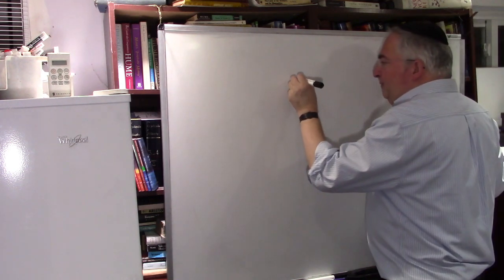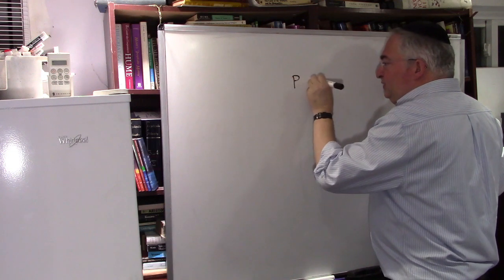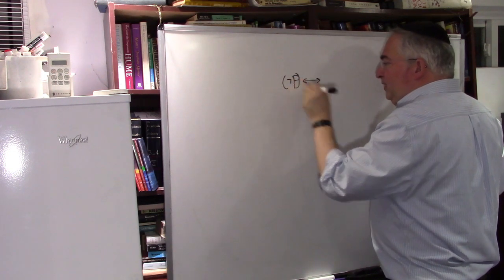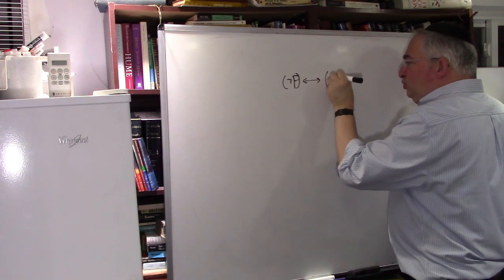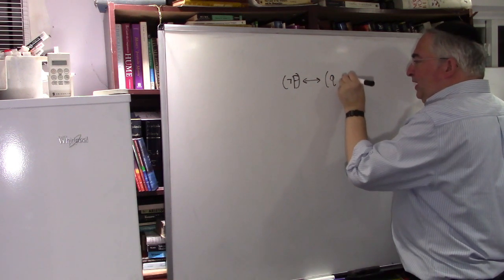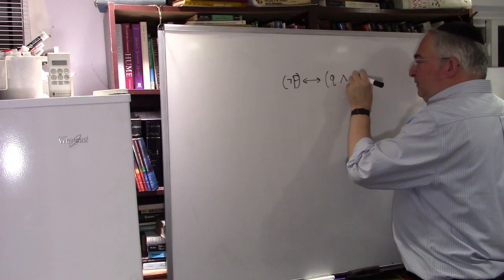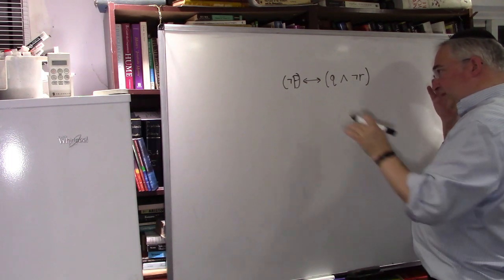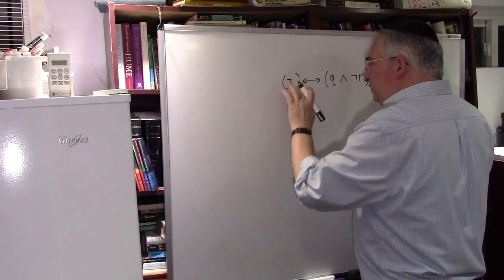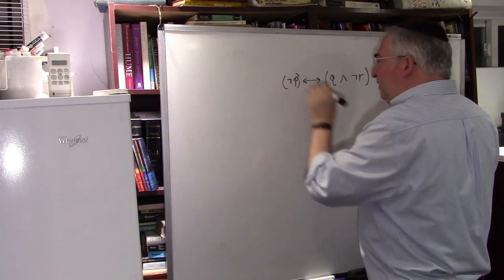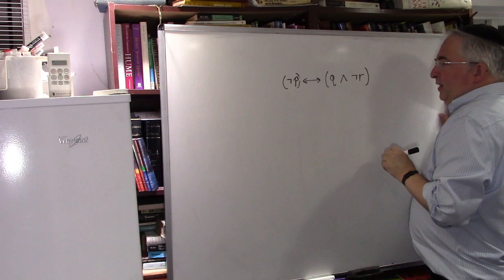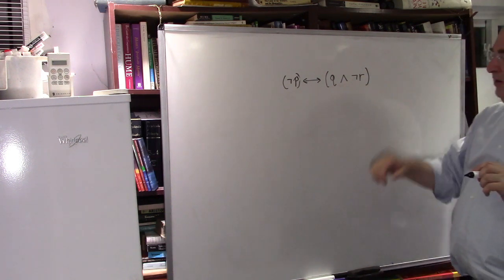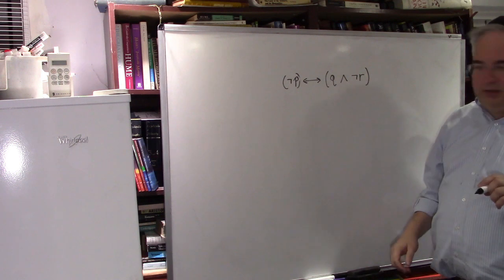Not P, double arrow, Q, and not R. It shouldn't be a capital. We're going to be doing all small letters. So that's a simple three variable thing. P, Q, and R.